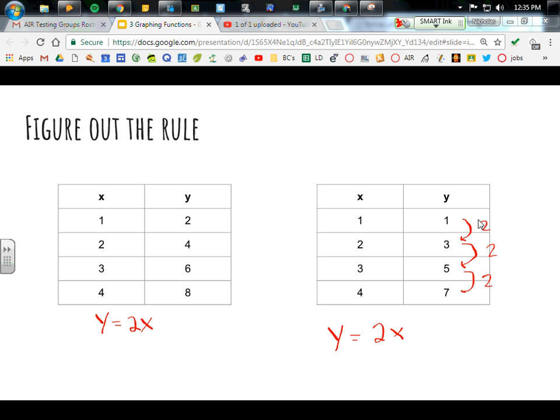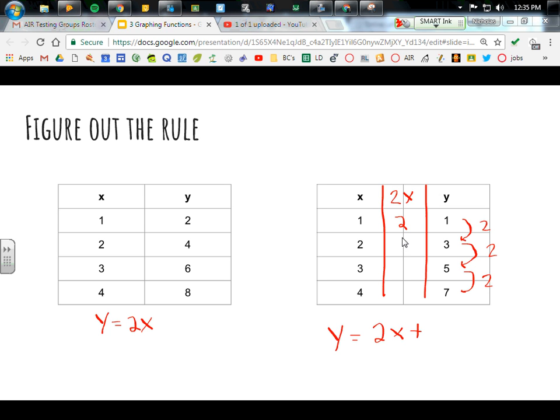The number that your y increases by is what you multiply your x by. But there has to be more. We have to be adding something to get to y. What might help is to draw a third column here and figure out what you get when you multiply x by 2. So what is 1 times 2? It's 2.